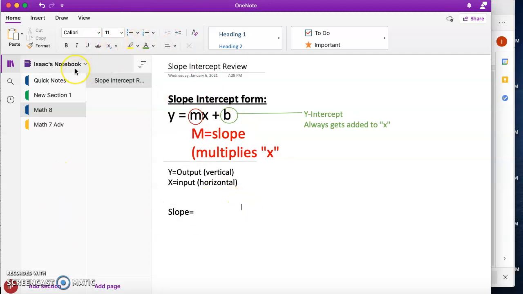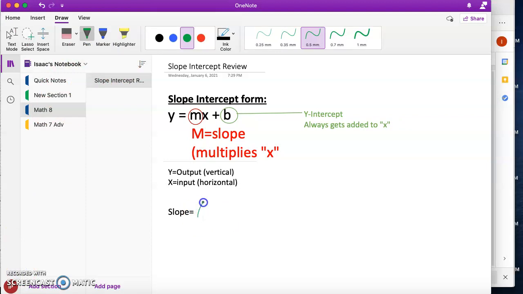Namely, it's a ratio between the change in y over the change in x. And the way we talk about that is usually we say slope equals delta y over delta x. That triangle right there is a Greek letter called delta. It means change in.